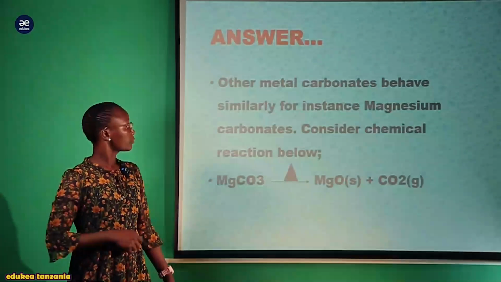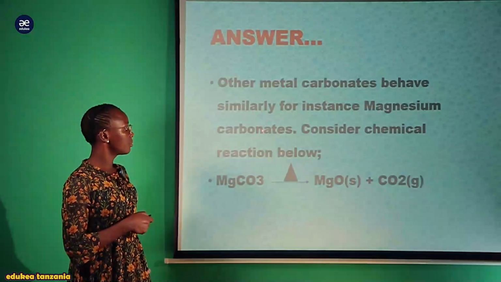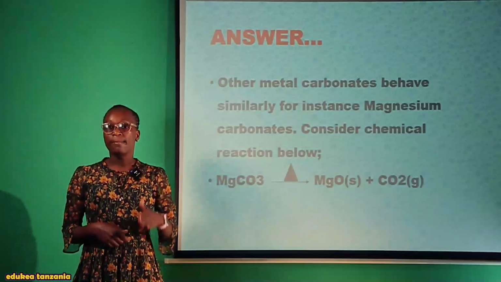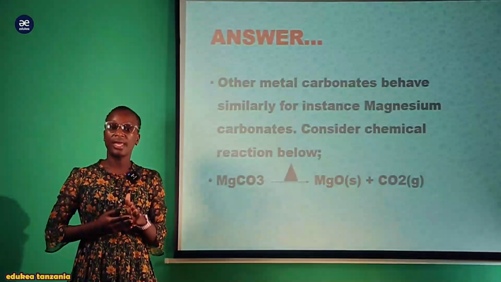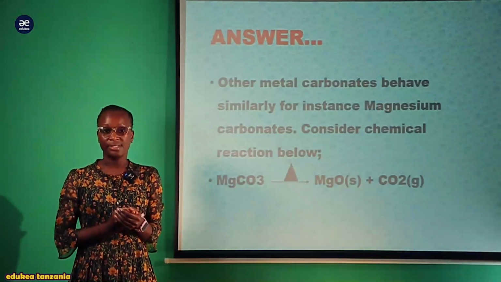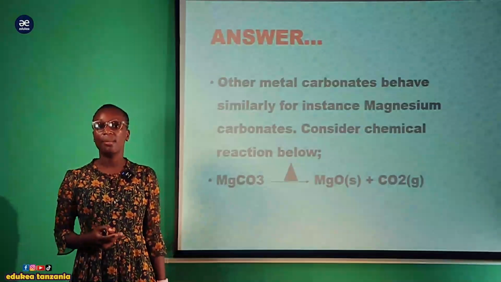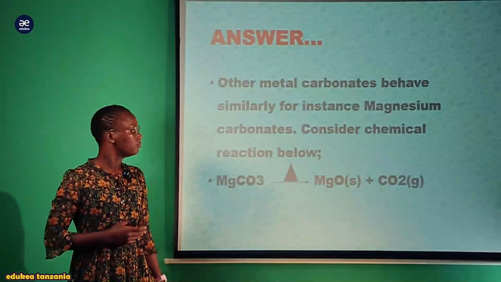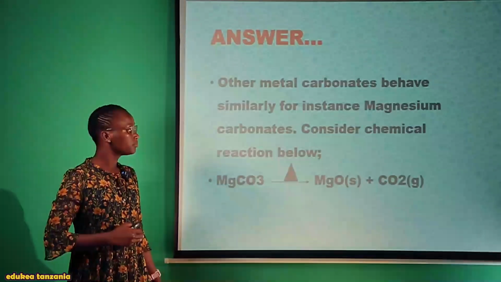But also other metal carbonates behave similarly, for instance magnesium carbonate. Kwamba magnesium carbonate vile vile anapatikana, magnesium metal anapatikana kwenye alkyl earth metal compound elements. Therefore yeye pia ata behave the same kama alivyo behave calcium. Kwamba anakuwa na the same property kama za calcium.